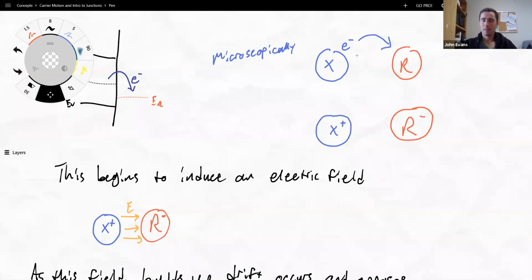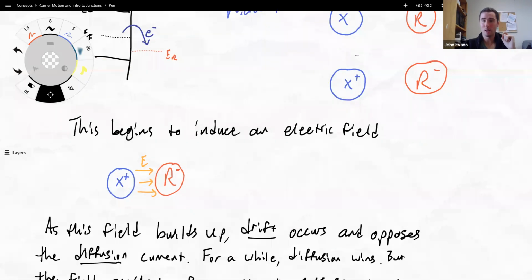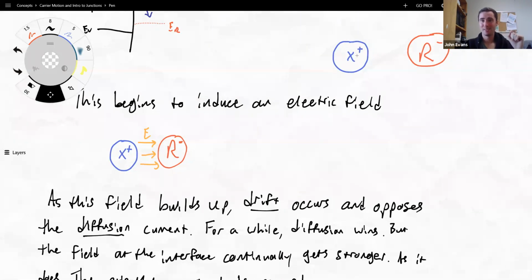Okay, so now that we have a positive potential on one side of the interface and a negative potential on the other side of the interface, we start to induce an electric field. So there is now an electric field pointing out of our semiconductor towards our solution. As this field builds up, we get drift. So not only do we get drift that opposes our diffusion current, right?